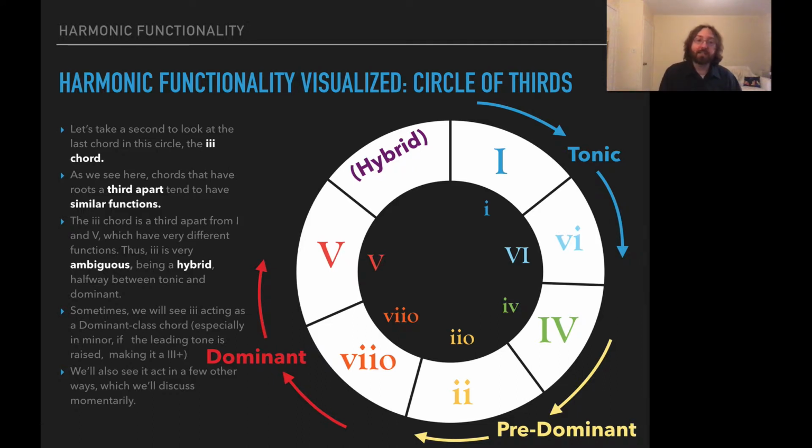We'll also see it act in a few other ways, which we'll discuss momentarily. So in major, the 3 chord is going to be minor. In minor, it's either going to be major or augmented if we choose to use the leading tone, which if it's going to 1, we almost always see it used that way.